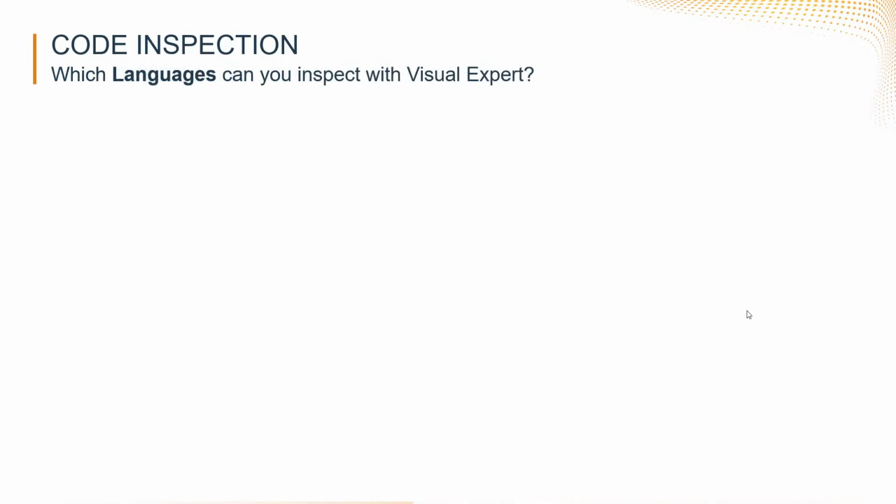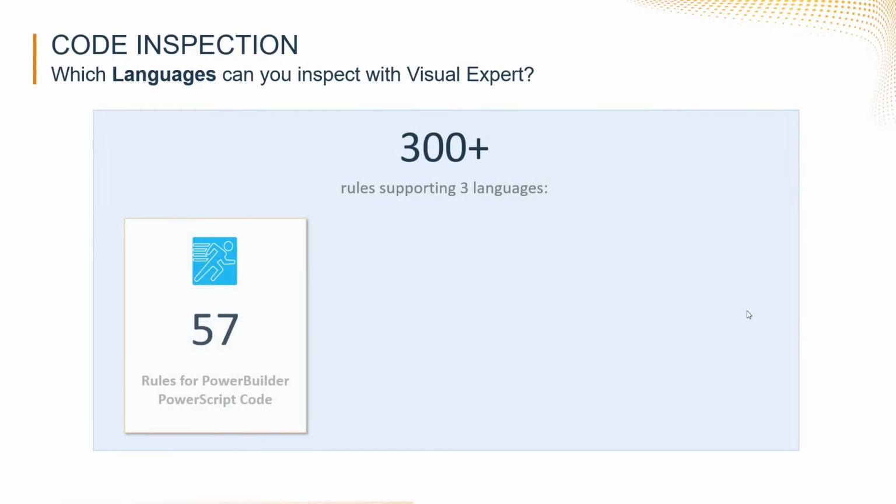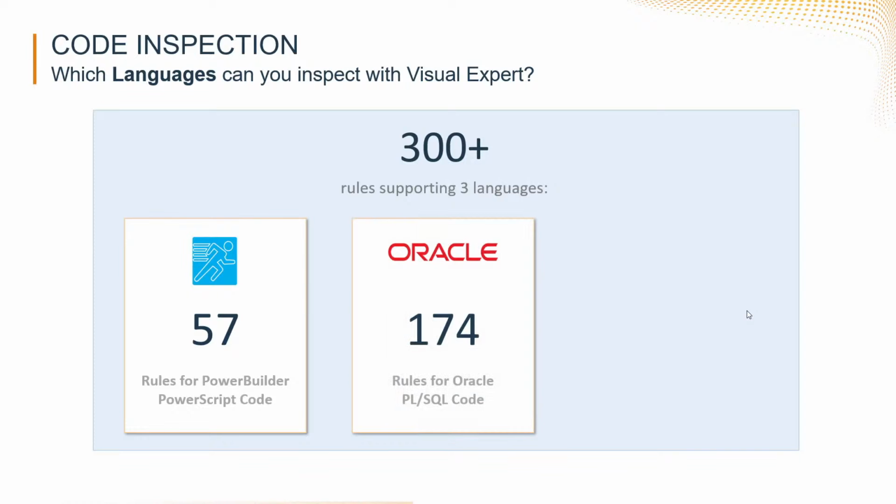So with Visual Expert, you can inspect several languages. Obviously, PowerBuilder. You can analyze any version of PowerBuilder since I think PB5 or 6, but I believe most of you would be using more recent versions, and in particular, the most recent ones are supported.